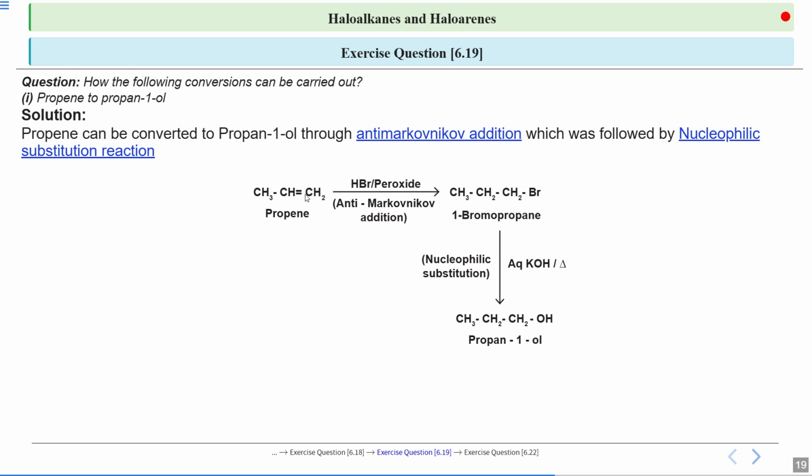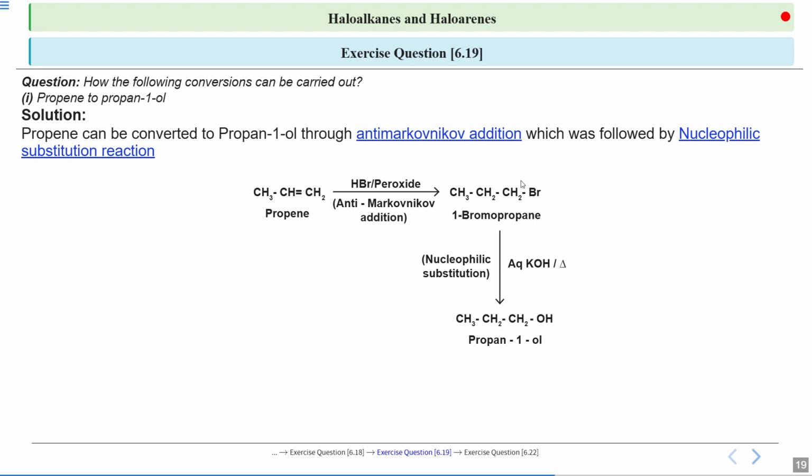This is your propene. Now it is reacting with hydrogen bromide, a hydrogen halide, in the presence of peroxide. So it will follow anti-Markovnikov addition, and you will get your product as CH3CH2CH2Br, because the negative part is going to attack the carbon containing more hydrogen, which is this.